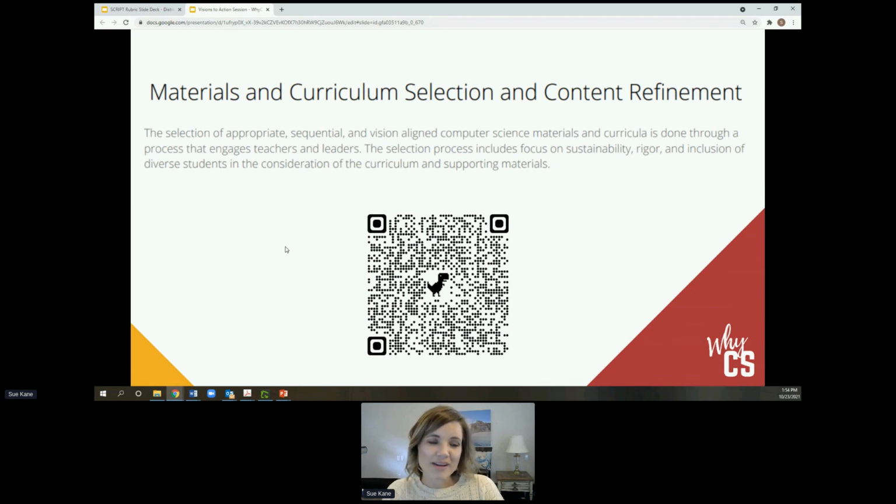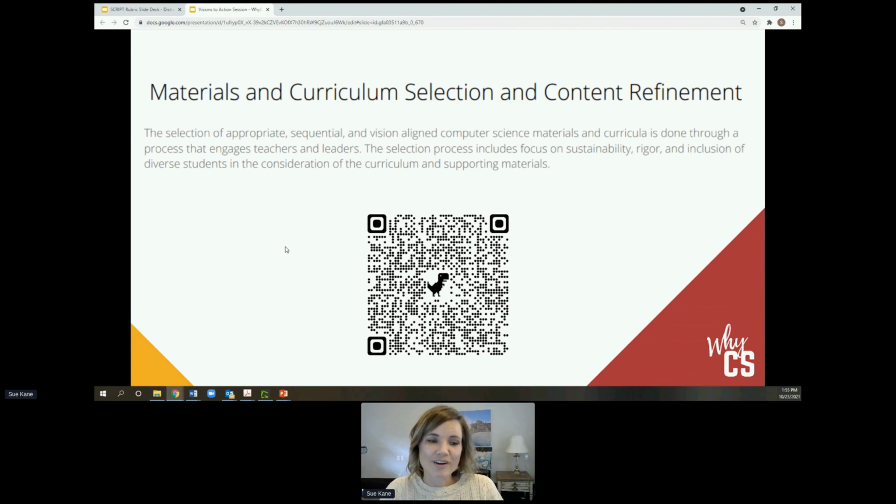Districts are encouraged to explore that platform. When I counted last week, there were over 200 materials and curriculum selection pieces on that. So if curriculum and materials are what they came for, they can definitely explore and find some.